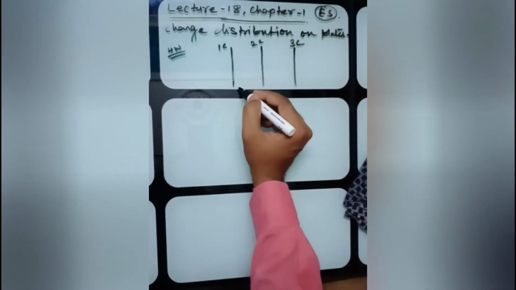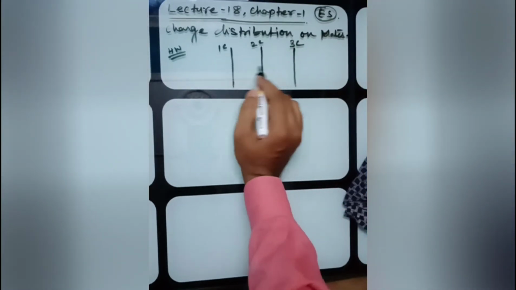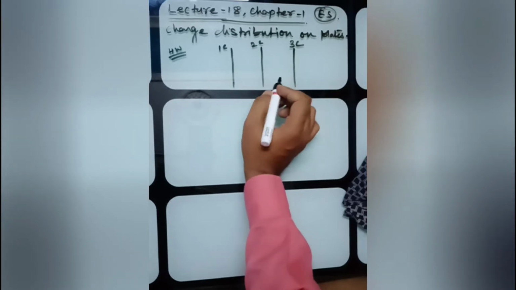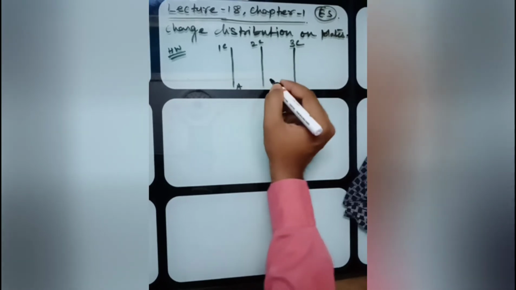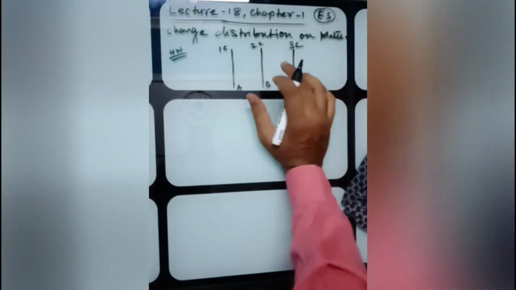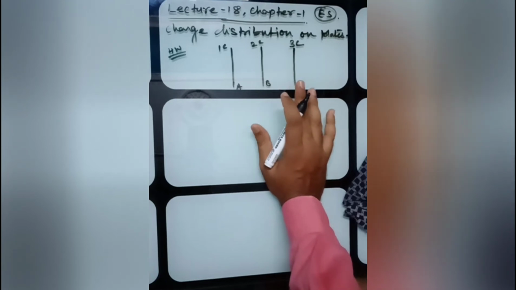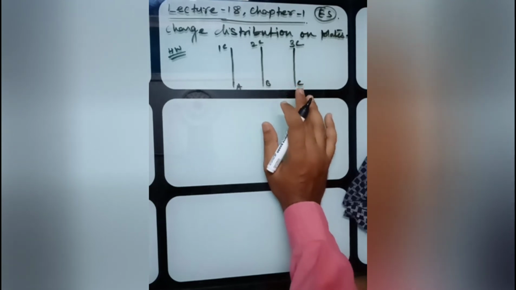You have to show the charge distribution on each faces of 3 plates A, B, C. So this is your concept of charge distribution on plates.